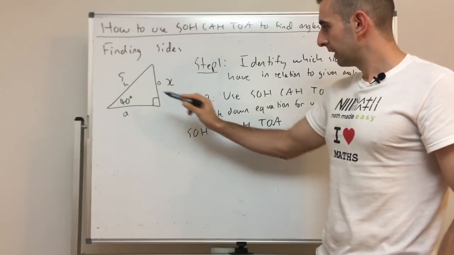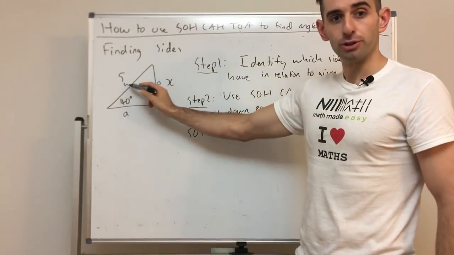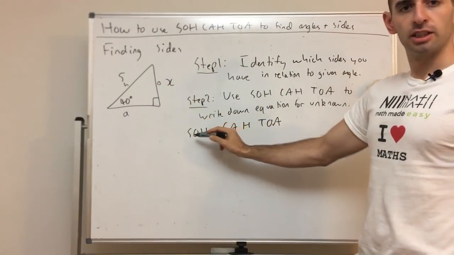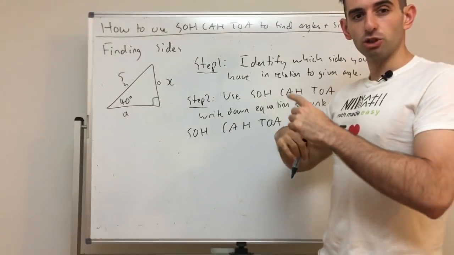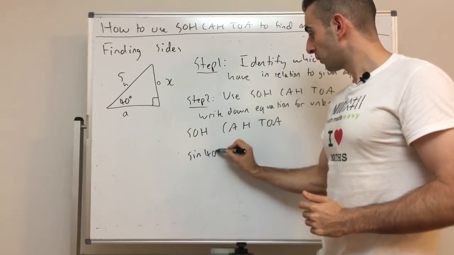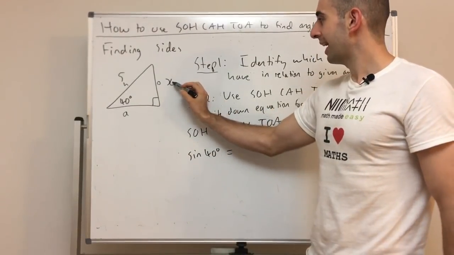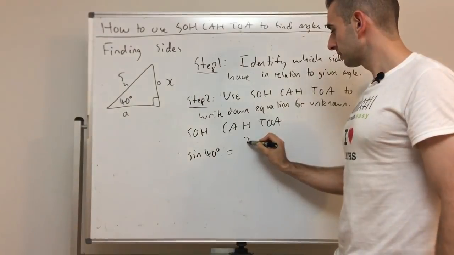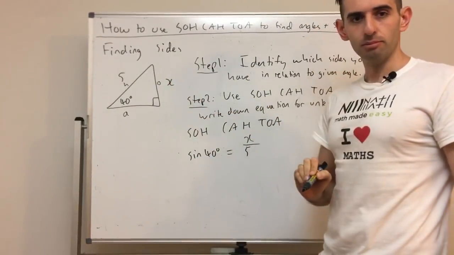I'm given opposite and hypotenuse. Which one is that? That's sine theta. So straight away, using the definition sine equals opposite over hypotenuse, I can write sine 40 degrees, because that's the angle given, equals x, because that's the opposite, over 5, because that's the hypotenuse.